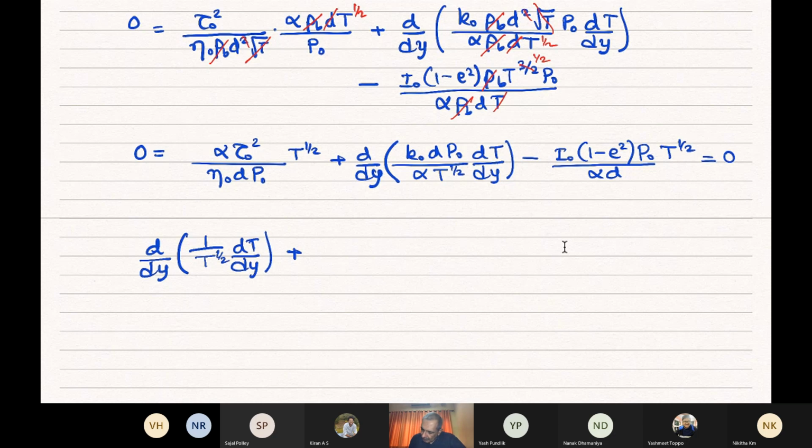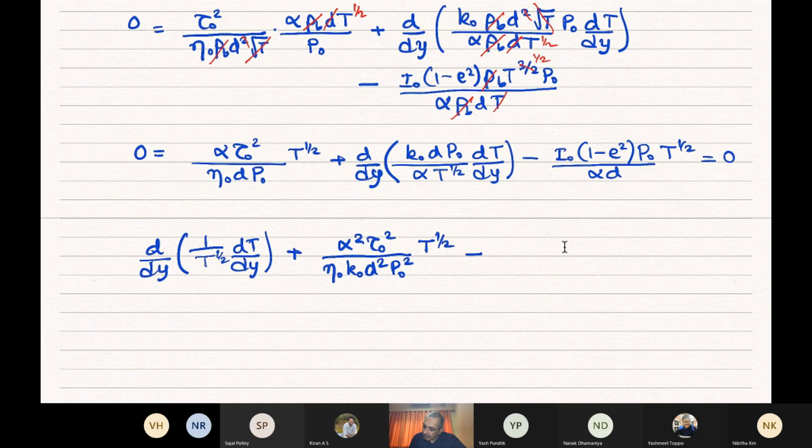So on top I will just get alpha squared tau 0 squared for the first term, divided by eta 0 K0 d squared into P0 squared. And this is multiplied by t raised to the power of half.